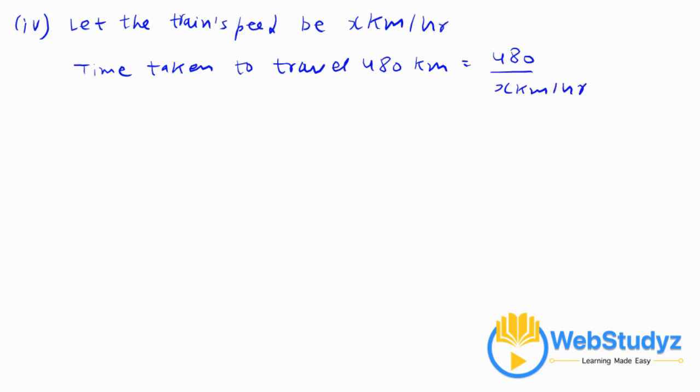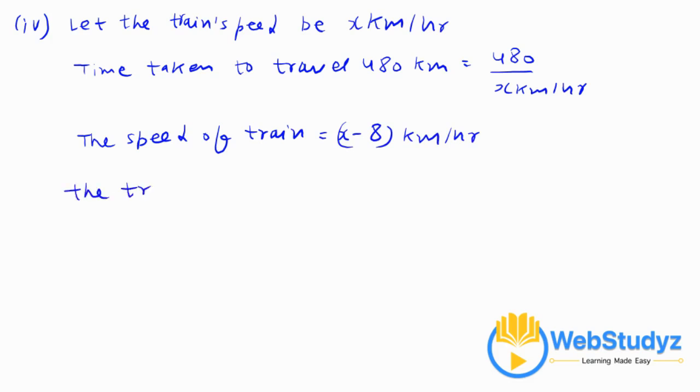Now, as per the second condition, the speed of the train will be x minus 8 kilometer per hour. Also given that the train will take 3 hours more to cover the same distance.